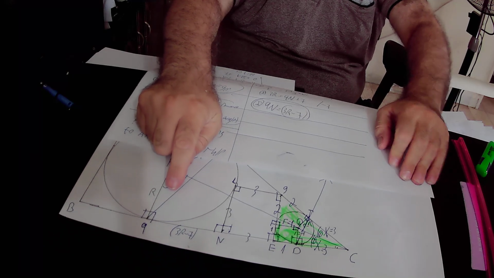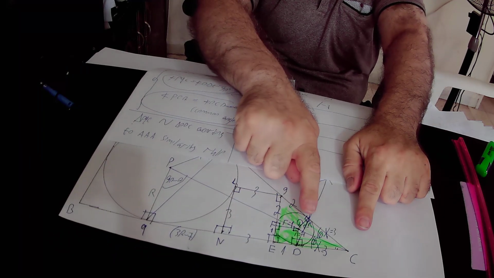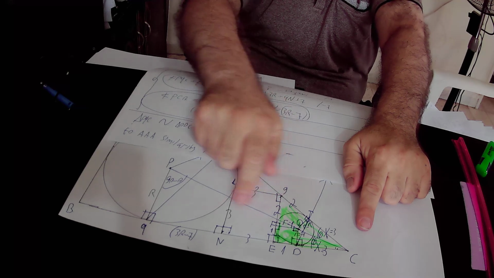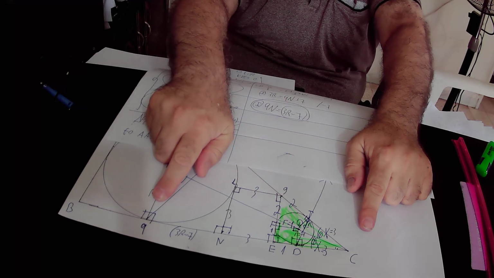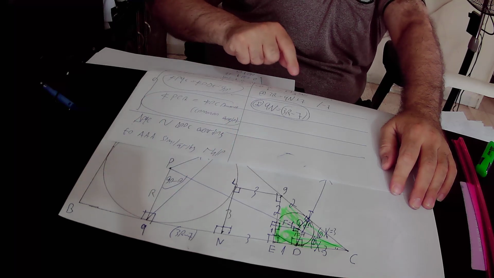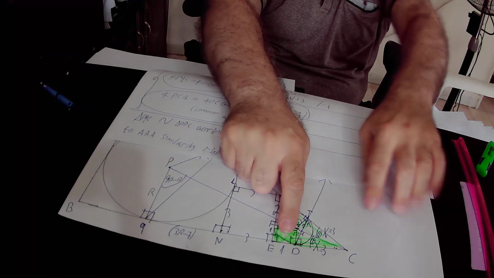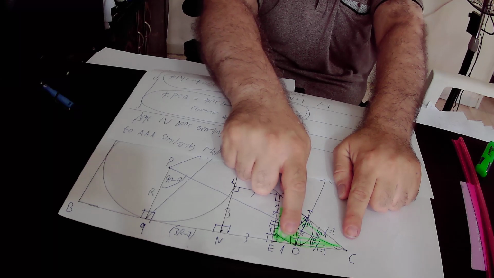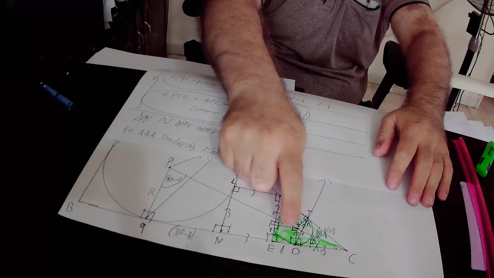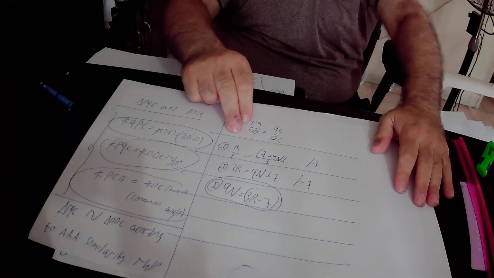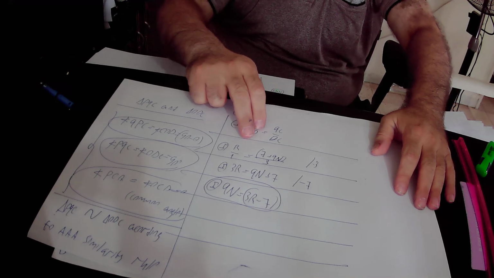QC equals 3 plus 1, that is 4, and 4 plus 3 is 7, plus QN. So we substitute QC by 7 plus QN over DC. DC equals x, that is equal to 3 units. In conclusion, according to equation number 1, R equals 7 plus QN over 3.